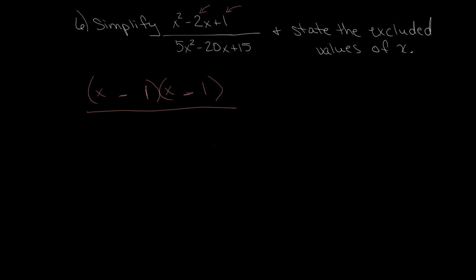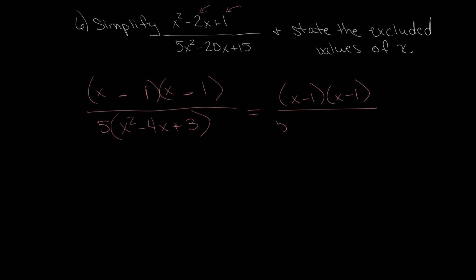Now in the denominator, I have 5x squared minus 20x plus 15. All of those can be factored by 5. So if I factor out a 5, I'm left with x squared minus 4x plus 3. Now I need to continue factoring that denominator. So I'm just going to rewrite the same thing in my numerator, x minus 1 times x minus 1.